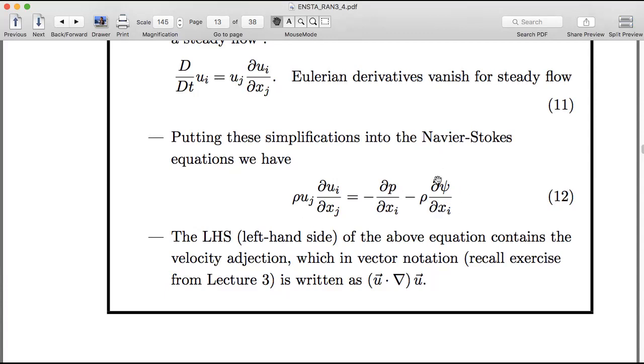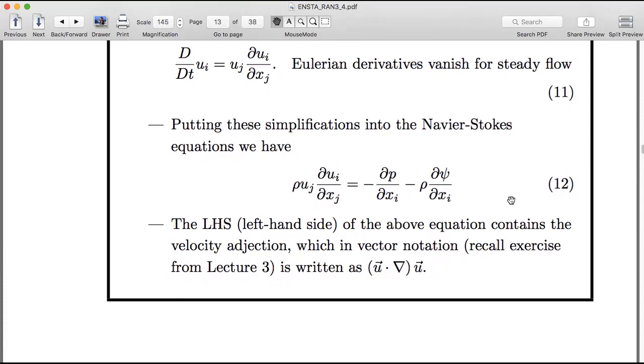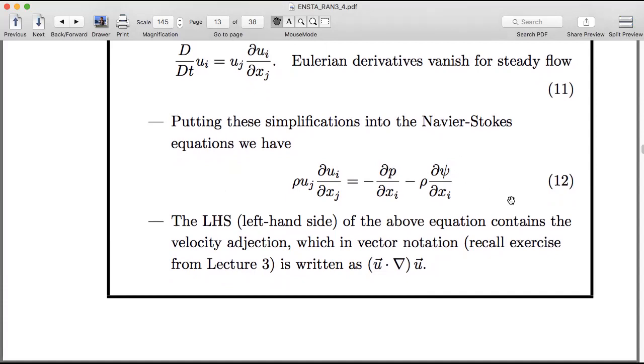So this is the body force here, and the pressure gradient force. There's no viscosity term because it's an inviscid flow, and there's no Eulerian time derivative because it's steady. Otherwise, these are all terms in the Navier-Stokes equation.